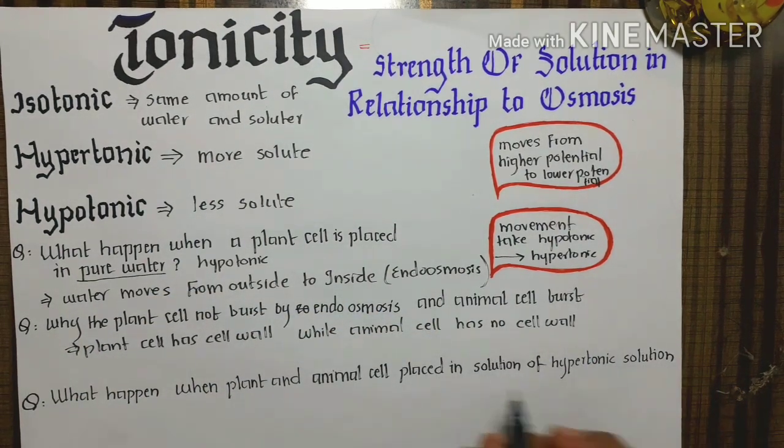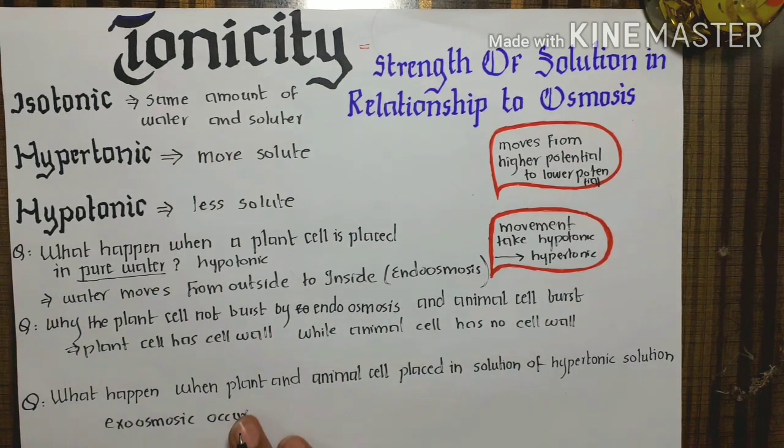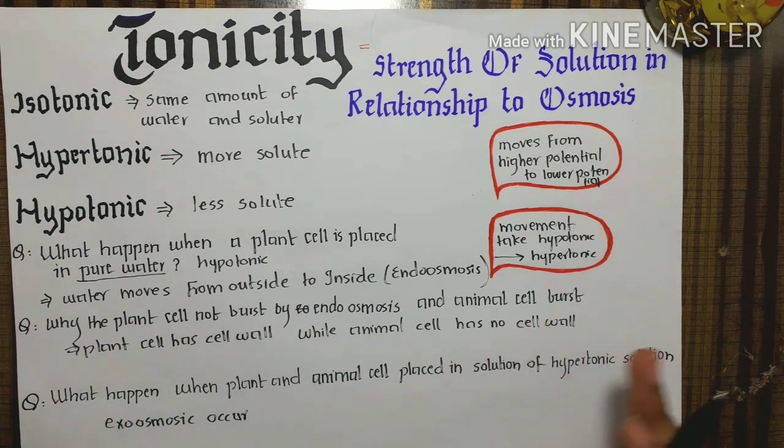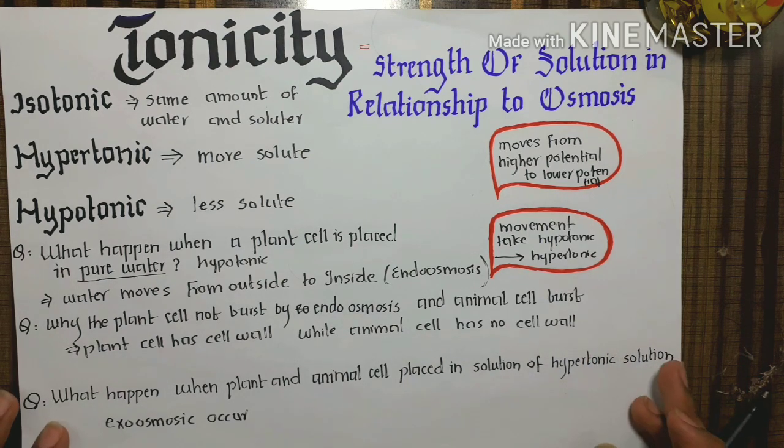So what happens in this case? Exo-osmosis occurs. When exo-osmosis occurs, the plant cells become flaccid and the animal cell crinkles up, like the crenation of RBCs.